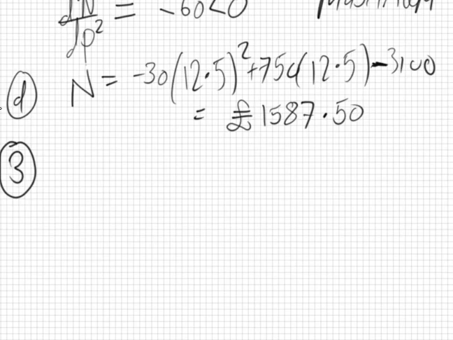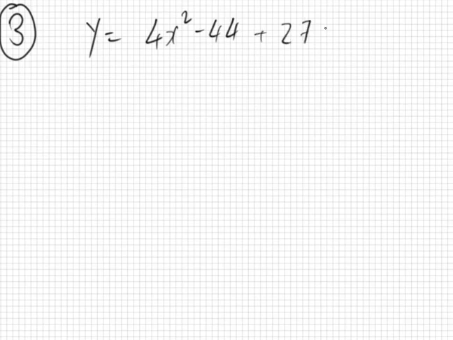So it starts off by giving you y equals 4x squared minus 44 plus 27x to the power of minus 1. And the first question is find the derivative and the second derivative. So what is the first derivative here?